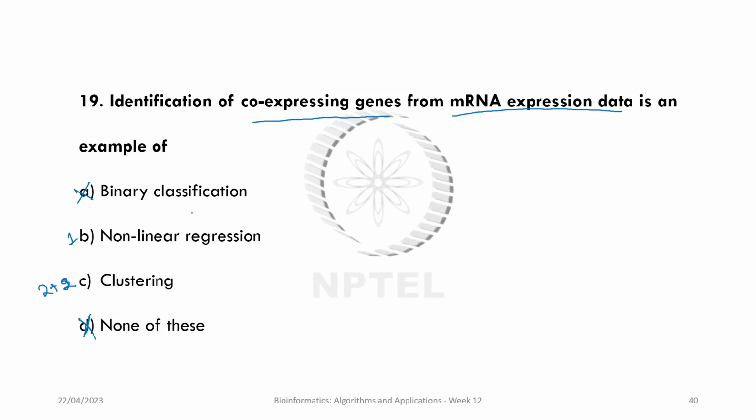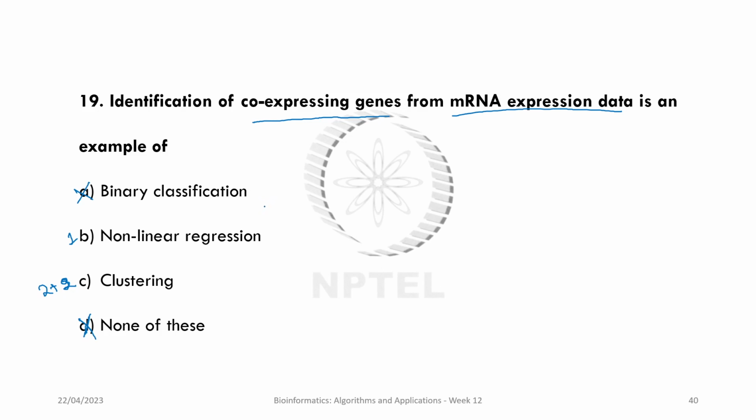Because when you look into a gene pool and mRNA expression data, it is more of clustering which genes are co-expressed temporally, or which genes are expressed together or one after the other.